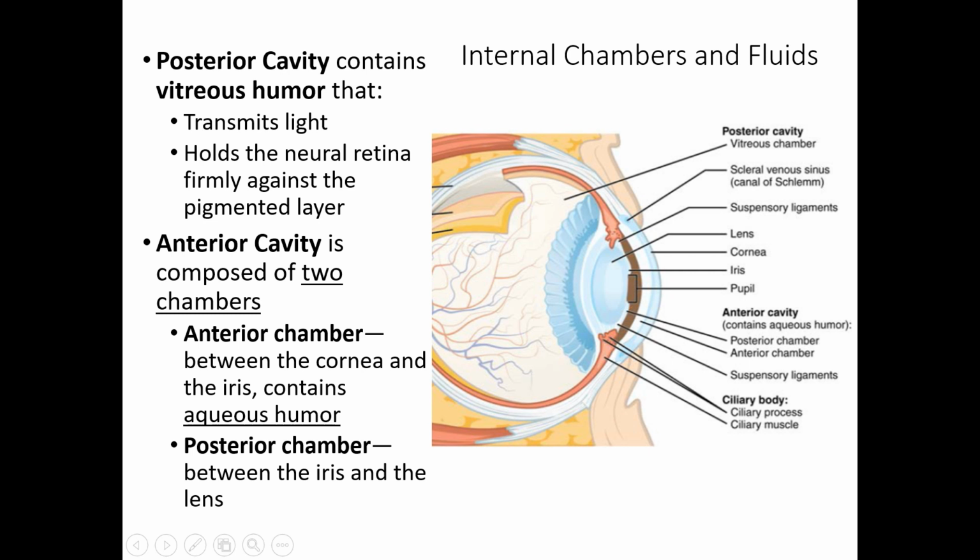Right here, the frontal portion, anterior cavity, is also divided into two portions, anterior and posterior chambers. So between cornea and iris, that would be anterior chamber. Between iris and lens there will be a narrow posterior chamber.